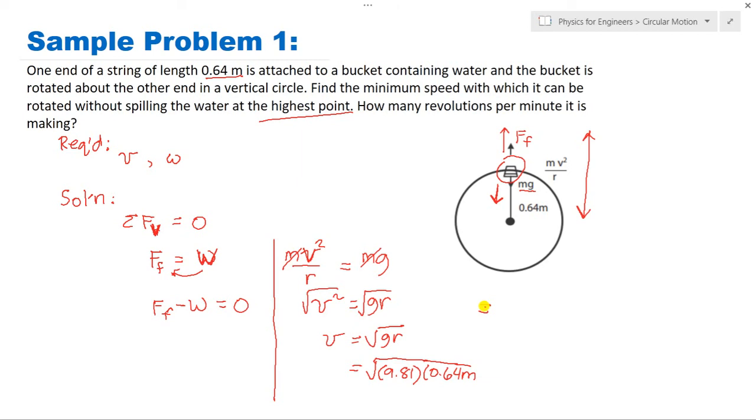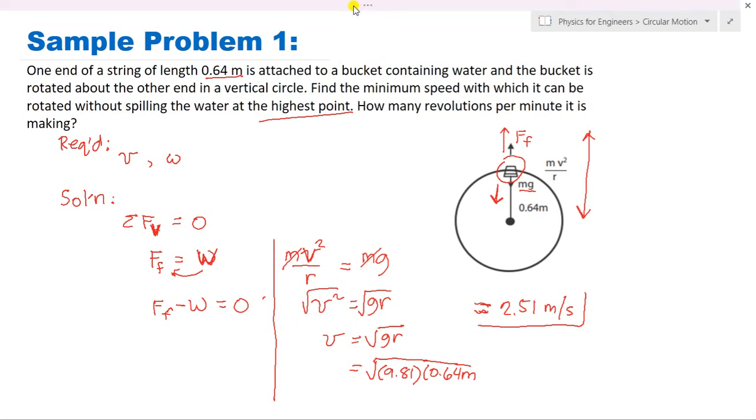Square root of 9.81 times 0.64. The answer is approximately equal to 2.51. So 2.51 meters per second. So this would be the minimum speed that is needed in order to avoid spilling of the water at the highest point.